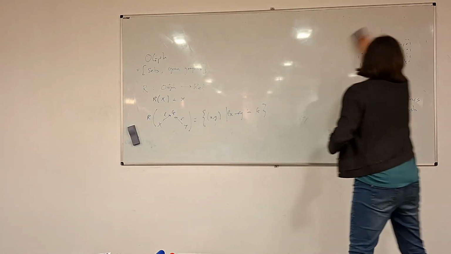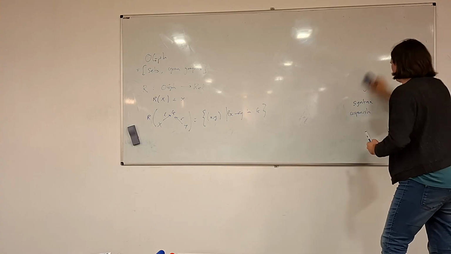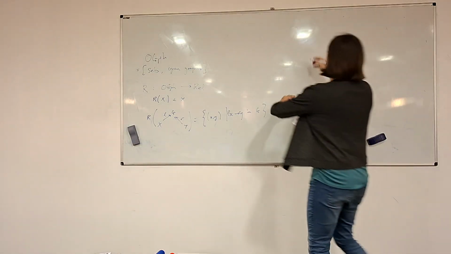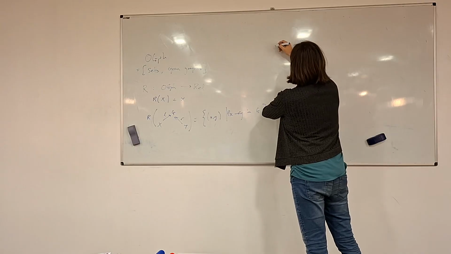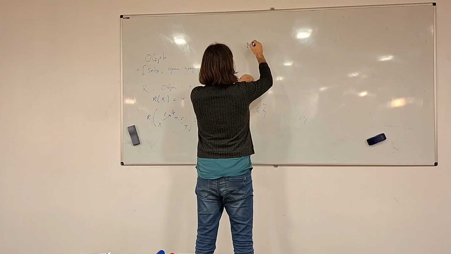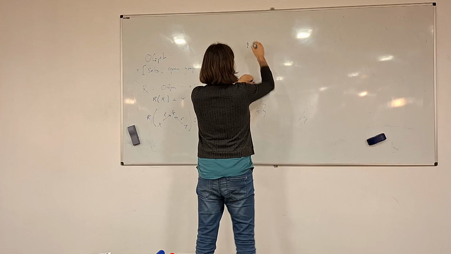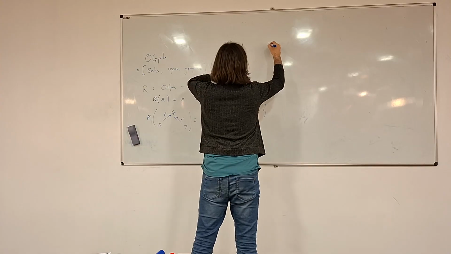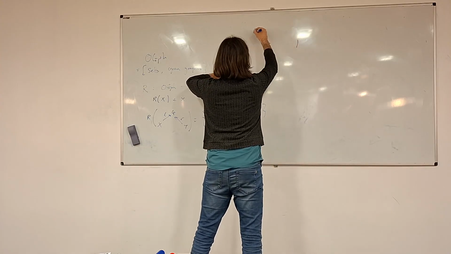So the minimal counterexample. The minimal counterexample says we're going to have a graph from one thing to three things to one thing.